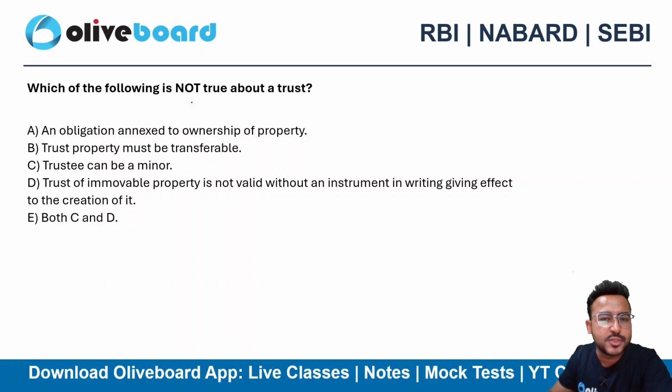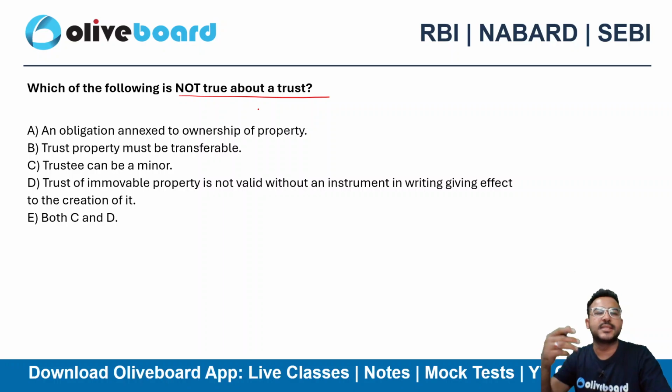Which of the following is not true about a trust? क्या ट्रस्ट के बारे में इनमें से सही नहीं है? An obligation annexed to ownership of the property. Trust property must be transferable. Trustee can be a minor. Trust of immovable property is not valid without an instrument in writing giving effect to the creation of it.